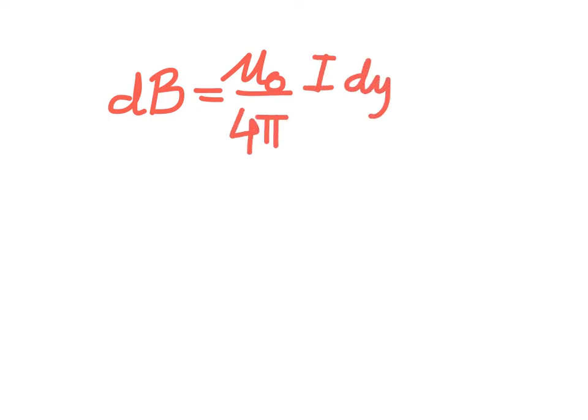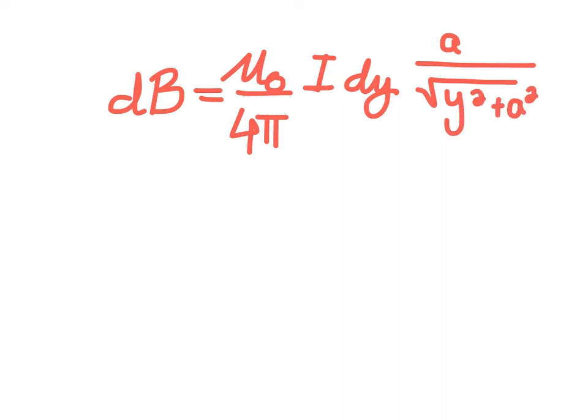So that will come out with dB is equal to our constant mu naught over 4 pi times I dy, times a over the square root of y squared plus a squared, over y squared plus a squared. And remember, that was the square root of y squared plus a squared, but it's all squared because I'm substituting that in for r.